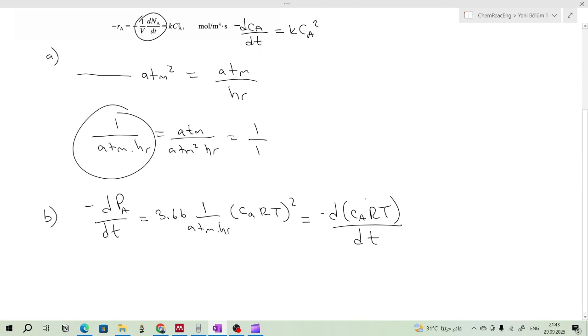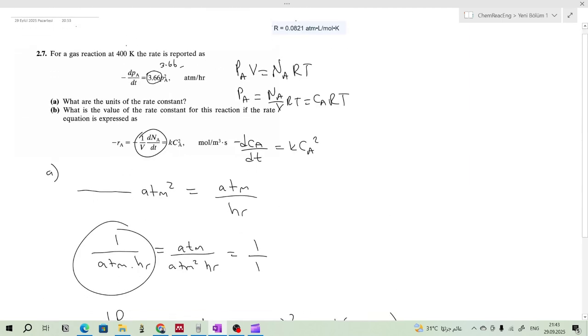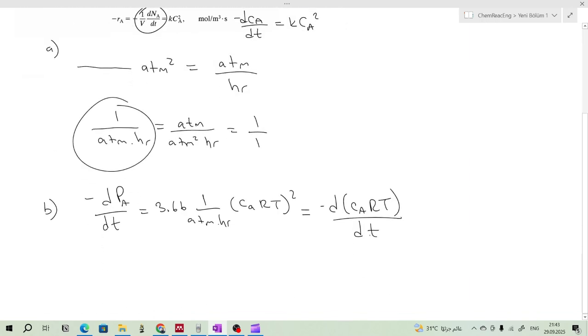We have isothermal condition, right? The rate constant is a function of temperature, but for that specific temperature it's not changing with time, so RT can go outside of the derivative. And I am searching for dC_A/dt, which is equal to k times C_A squared. I'm searching for this coefficient's value and also its units.